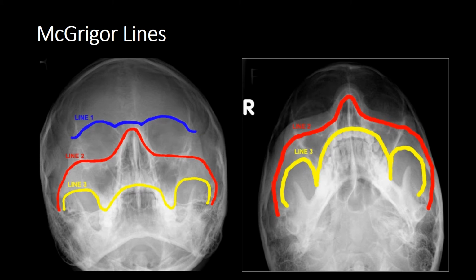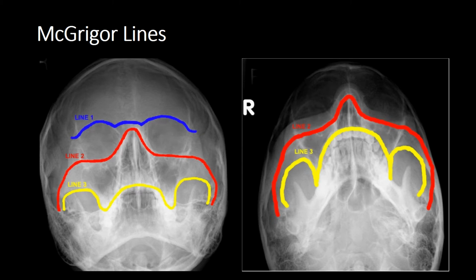If you see a black eyebrow sign, then you know the patient has sustained a fracture that communicates with a sinus, because the air has escaped out of the sinus and has migrated into the superior aspect of the orbit, creating this black eyebrow appearance.